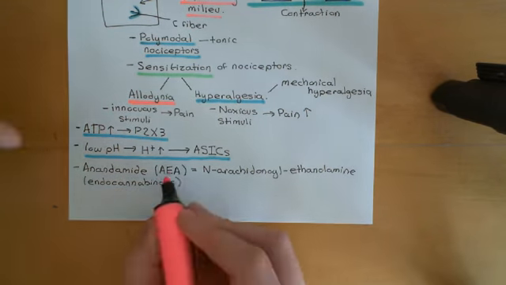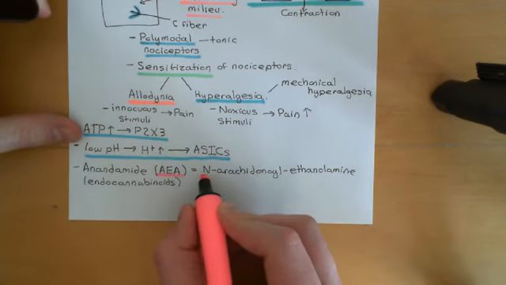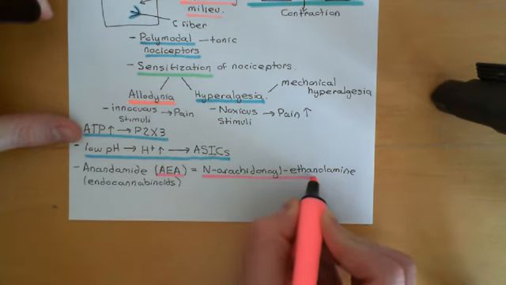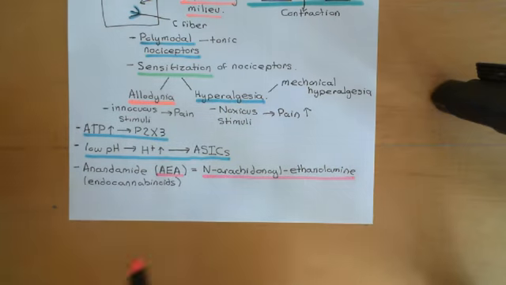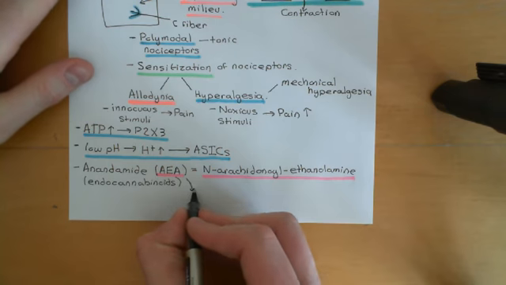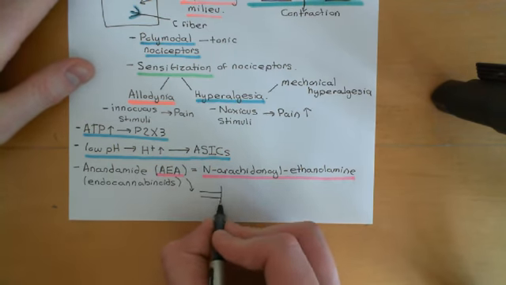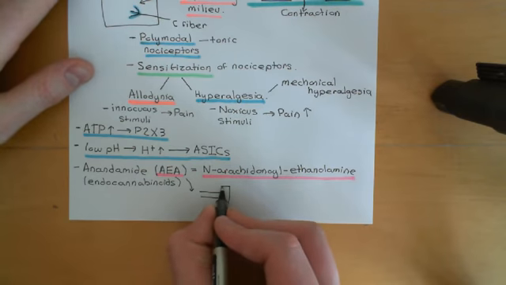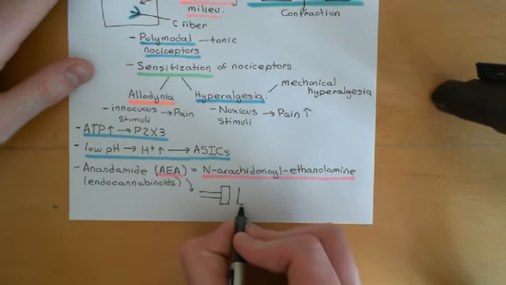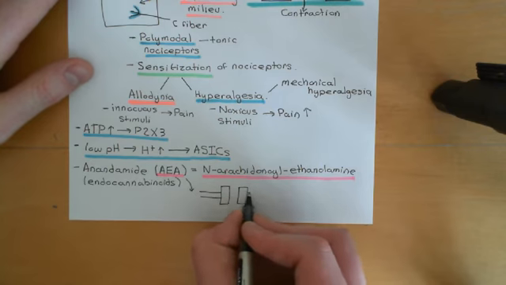Right. So, how can anandamide be involved in tonically activating these polymodal nociceptors? Well, it's believed that anandamide activates the TRPV1 receptor in much the same way as capsaicin would activate the TRPV1 receptor. Remember the TRPV1 receptor was one of these noxious heat receptors. I'm now just going to draw it simpler as these two portions here, like so.